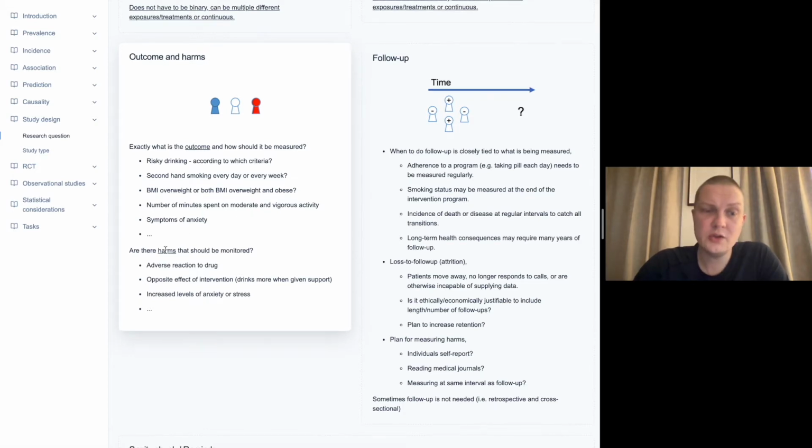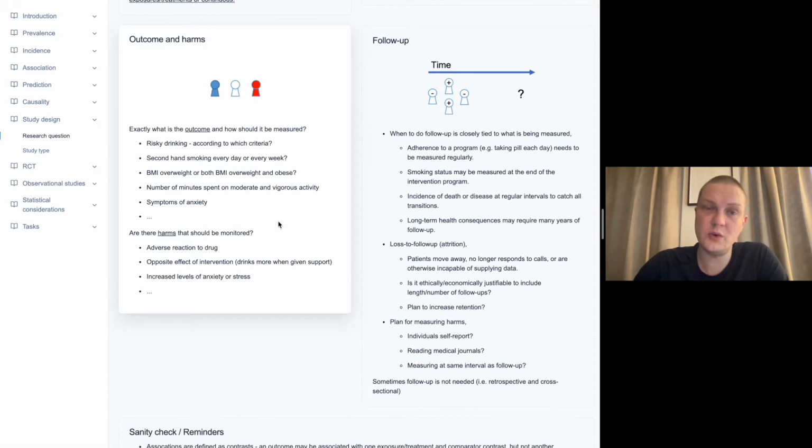And then you should also think about the harms that your treatment could induce, and you want to be able to monitor them. So maybe adverse reactions to drugs, or you could have an opposite effect of your intervention. There have been examples, well, the evidence is weak, but there have been examples of individuals actually drinking more when they get support for drinking less.